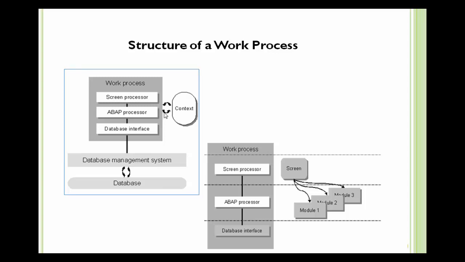Right. In between, there is a context. User context is a memory that is allocated and contains the characteristics of a user that is logged on to the R3 system. It holds information needed by R3 about the user whenever required. The user context is set, and it will check the authorization, the name of the program, and what the user is currently running.